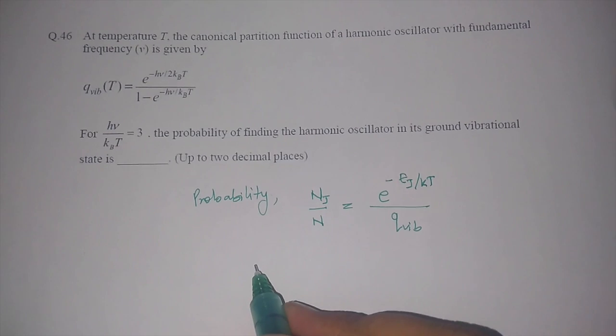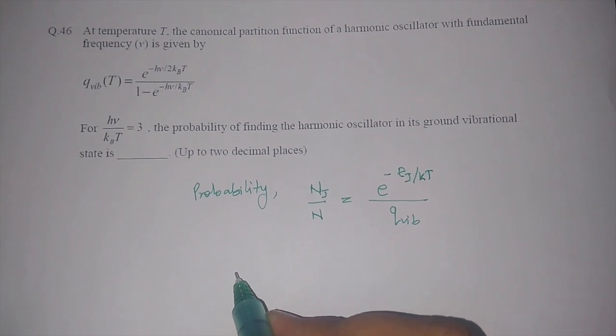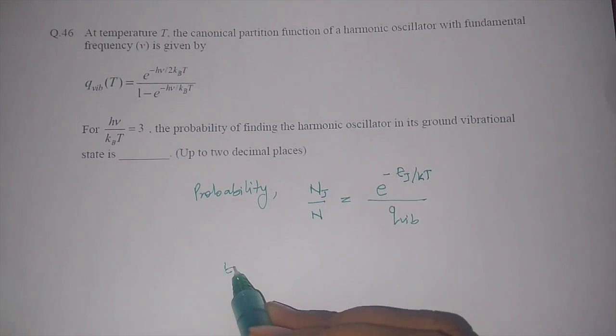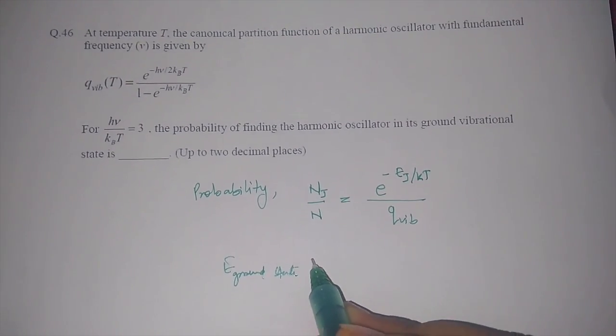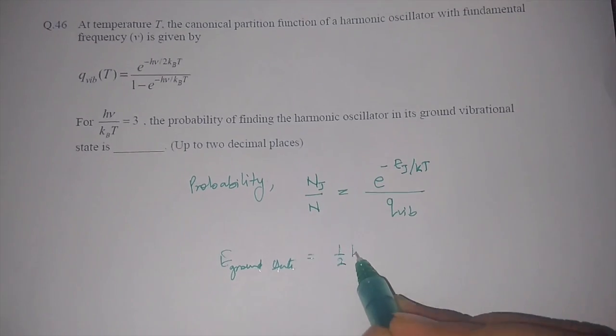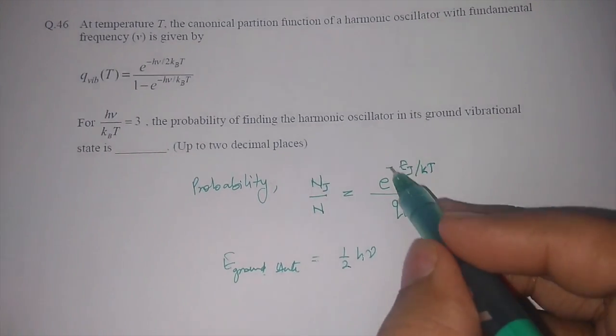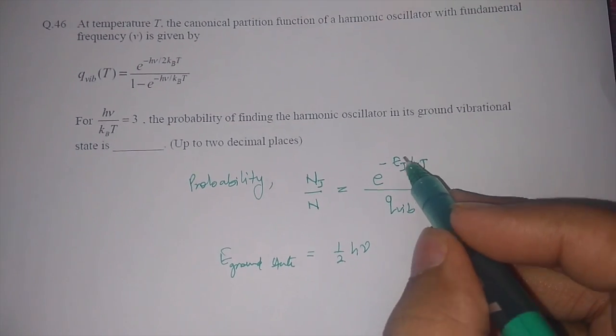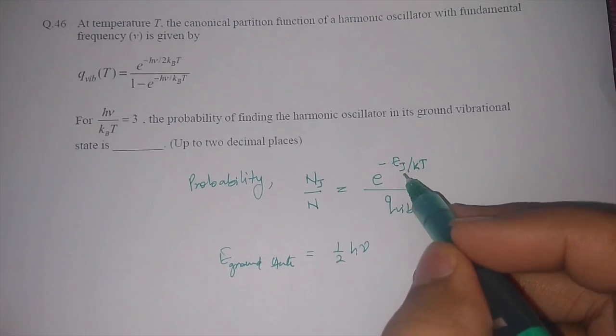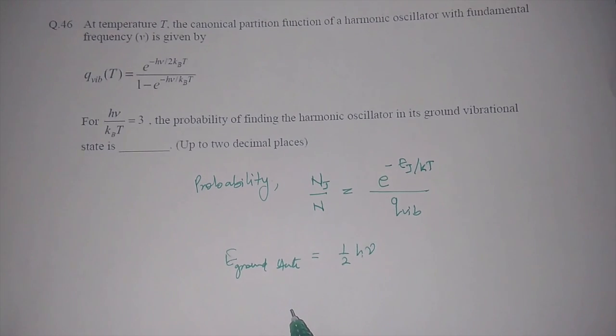Now we have to talk about the ground state. For the ground state, the energy of the ground state for a harmonic oscillator is half h nu, right? In place of Ej, where j is the energy state, and we are talking about the ground state, you can write half h nu.